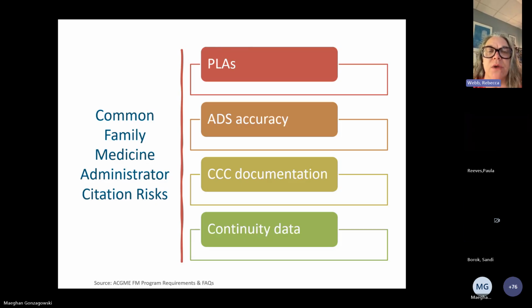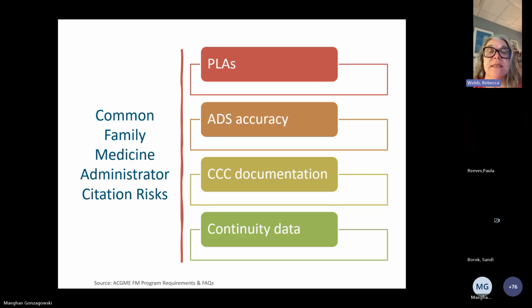So make sure that you are not only updating WebADS when WebADS is open, but you can actually go into WebADS and make all corrections throughout the year. So if something happens, a faculty member leaves in February, you can go in there and finish them out in February, and you can add new faculty at any time also. Same thing with residents, same thing with any information that's in WebADS.